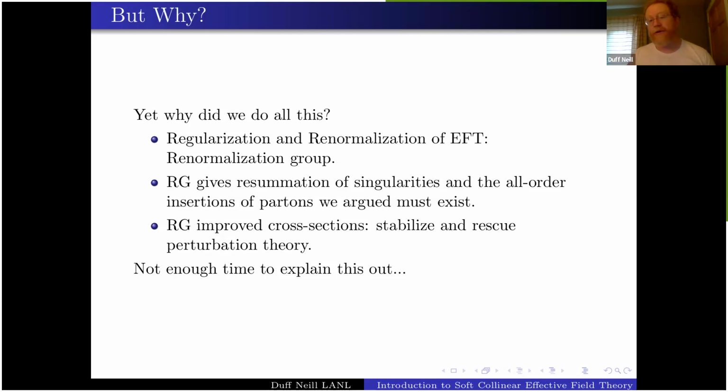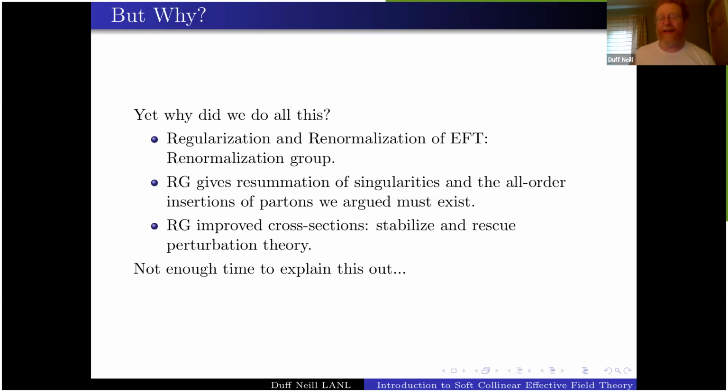It will give me a set of renormalization group equations that will allow me to resum these singularities in the all-order insertions of the partons that we argued to exist. And when I apply this renormalization group to my effective theory, I will stabilize and rescue my perturbation theory and be able to hand to an experimentalist a cross-section with a good description in perturbation theory.